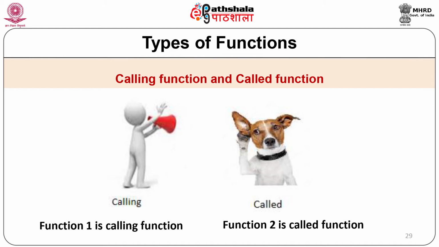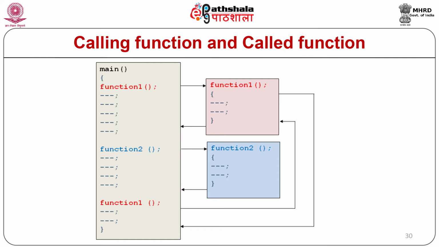A called function performs a particular role and returns when its function's ending closing brace is reached. This is the program where you can see the linking of calling function and called function. Under the main function there are calls for function 1 and function 2.